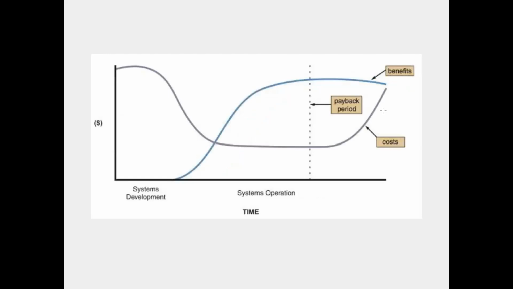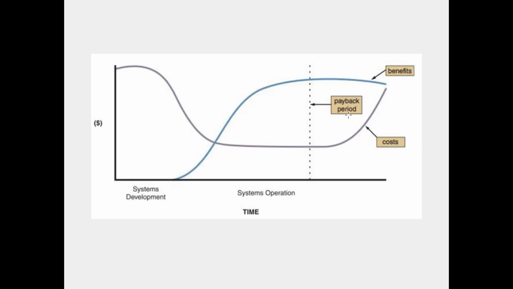Right. Now, when you put the two curves together, and compare the total amount of costs that you have spent on a project with the total benefits that you are receiving, when the cost equals the benefits you are getting, the time it takes is known as the payback period. And that's what we discussed last time. So when you get cumulative cost and cumulative benefits together, when they are matched, we can say that it's a payback period.